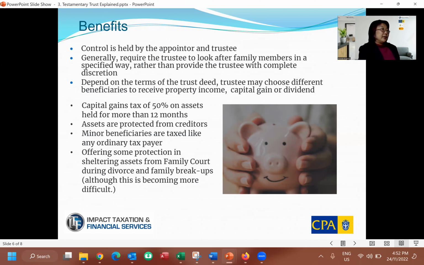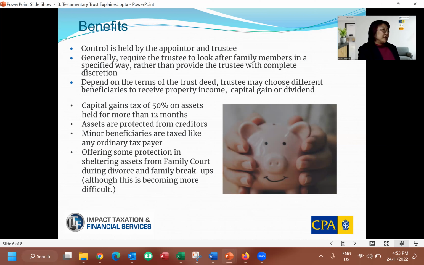Anything above that will be penalized with especially high tax. But in a testamentary trust, even a child under 18 can be treated as a common taxpayer. That means they have the $18,200 tax-free threshold.